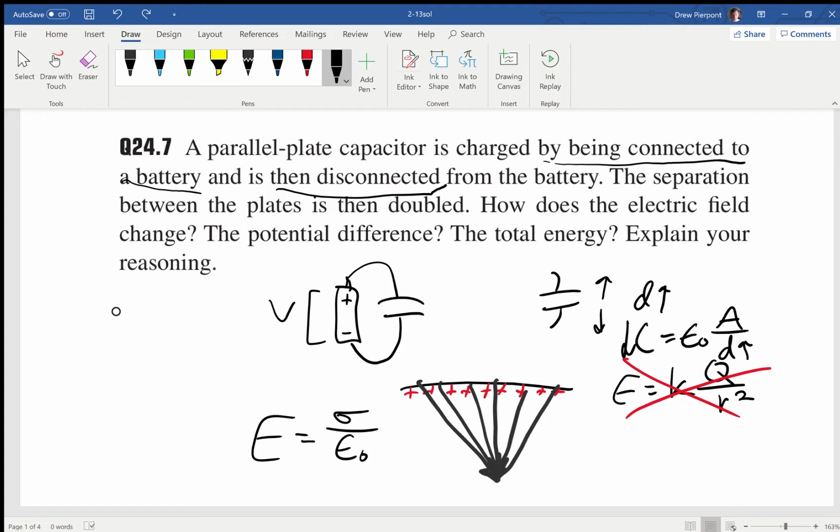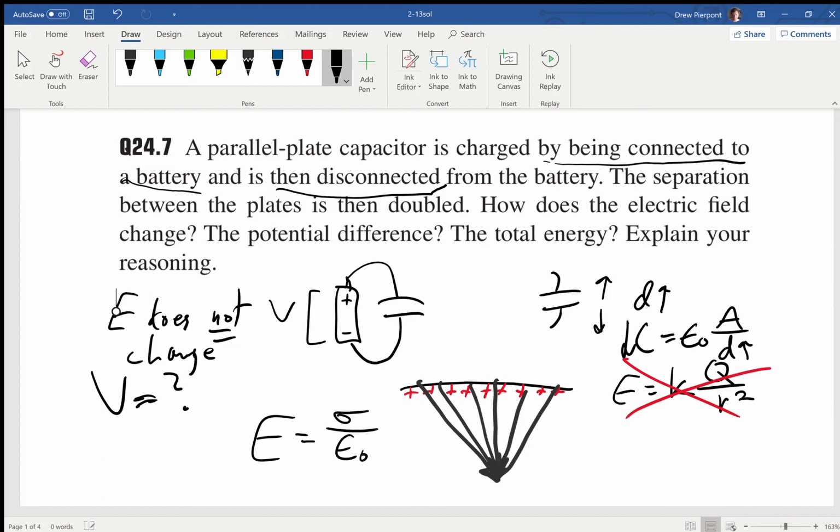So when you pull the plates apart over here, you are increasing the distance, but that is not going to affect the electric field. So electric field does not change. E does not change. Okay, so what about potential? What happens there?